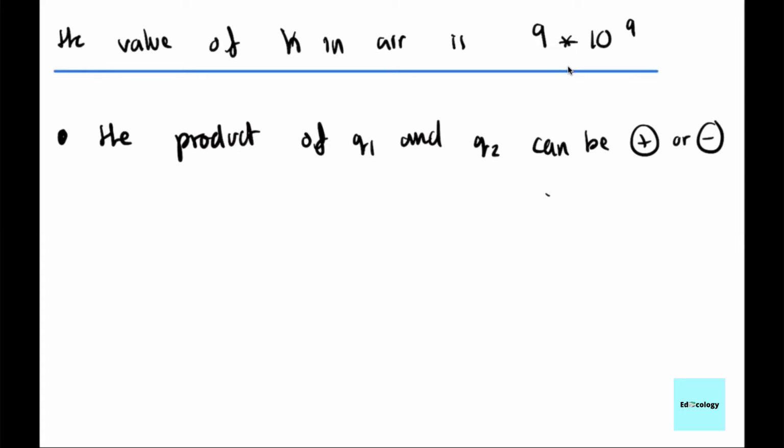So the product of the two charges can be positive or negative, which results in the sign of F being positive or negative, which we eliminate in order to not get confused, because magnitude can never be negative.